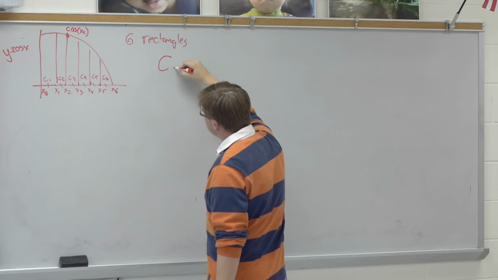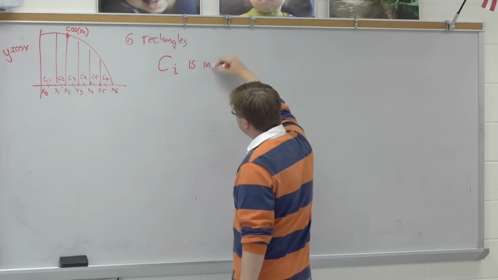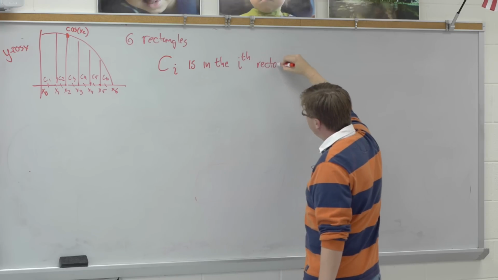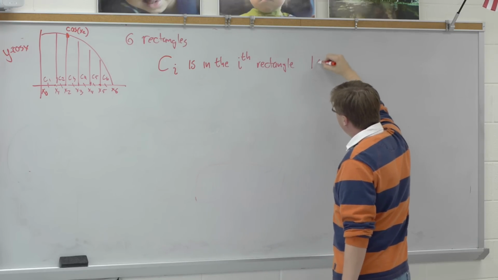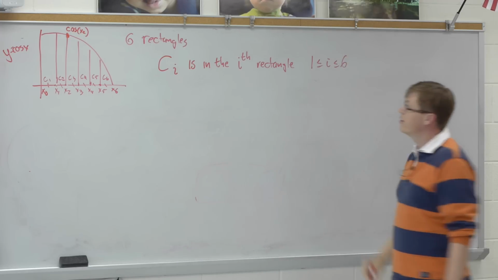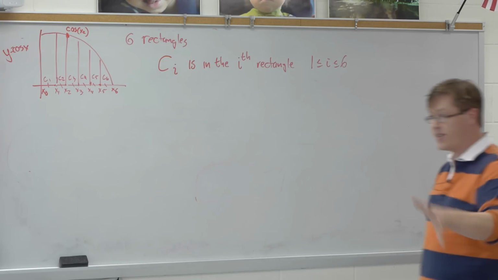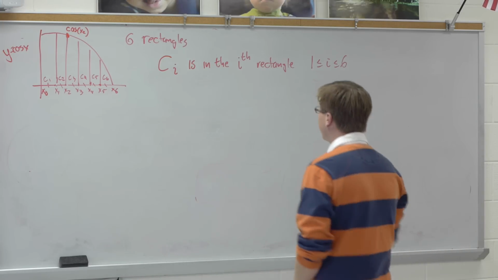So c sub i is in the ith rectangle, where i is between 1 and 6. They are not equidistant. In general, they're not equidistant. It's just some point. Okay?